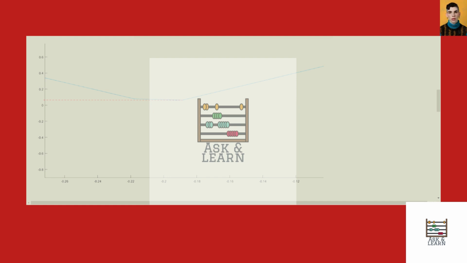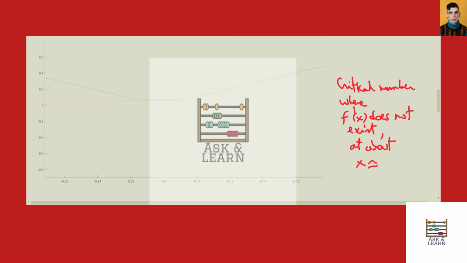In fact, we could say it's negative 0.2 because we haven't arrived at this point. So we have a critical number where the derivative does not exist at about x negative 0.2.